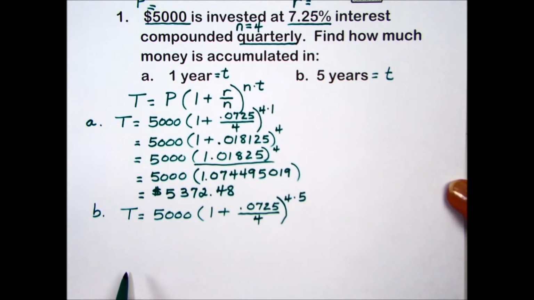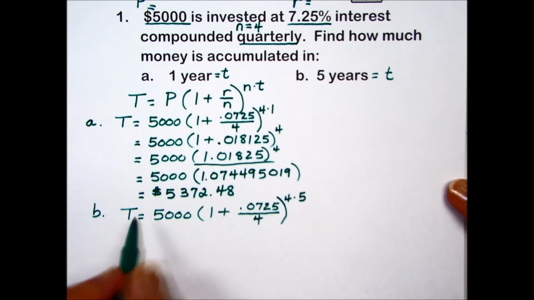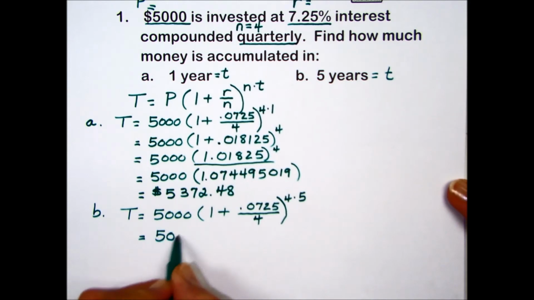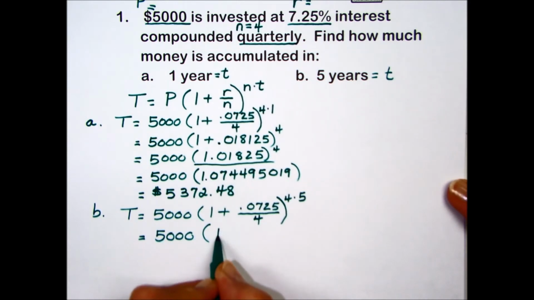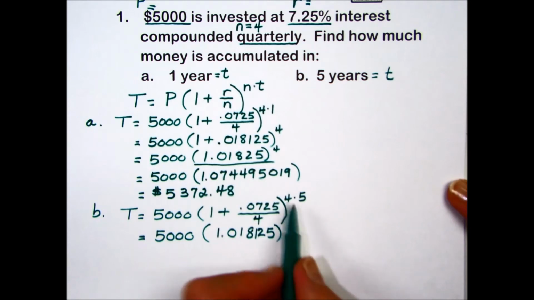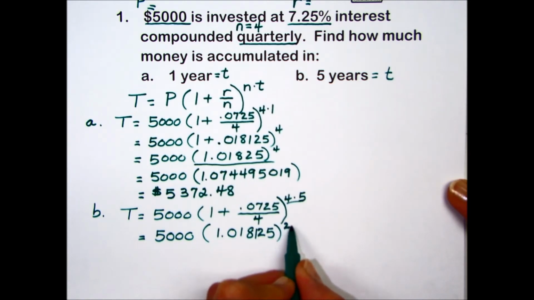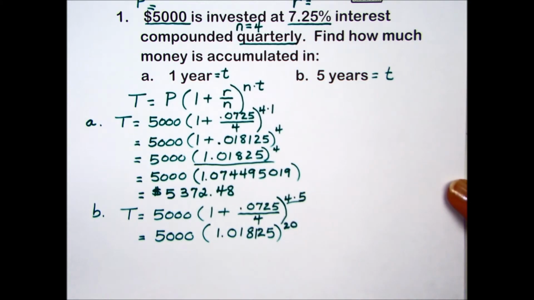Following the order of operations again, I'm going to simplify inside the parentheses, do the division, and add 1. That will leave us with a result of 1.018125. And while we're at it, instead of writing 4 times 5, substitute in an equivalent value of 20. Next, same thing as with the last. Our priority is exponents before the implied multiplication.